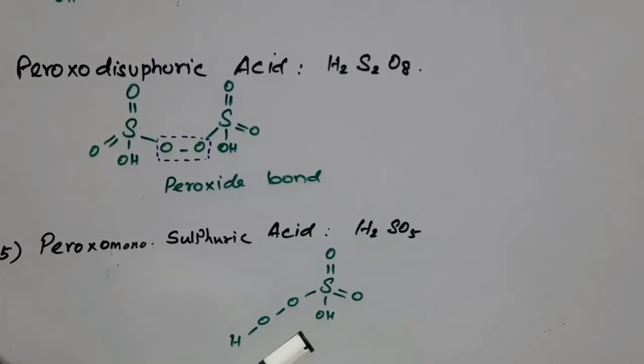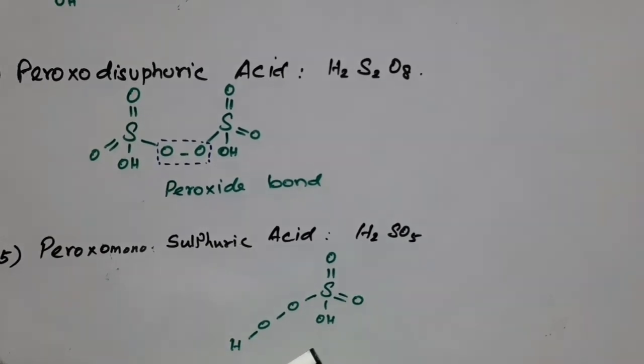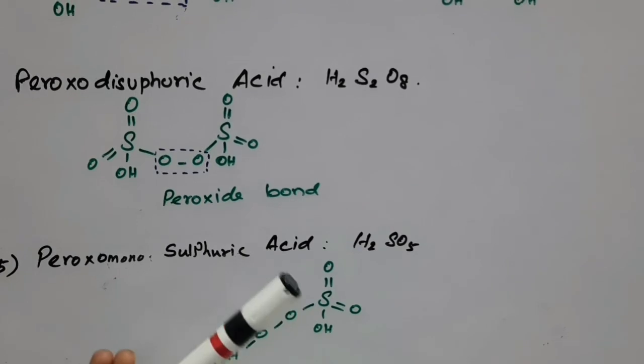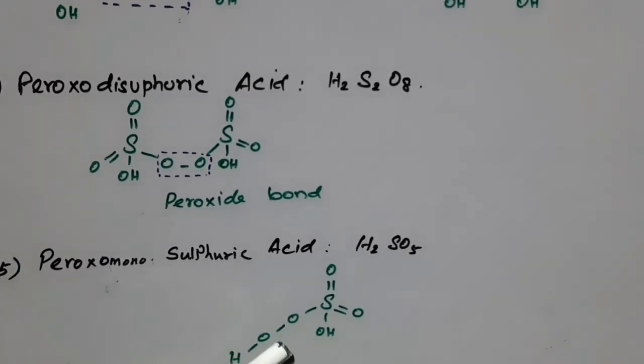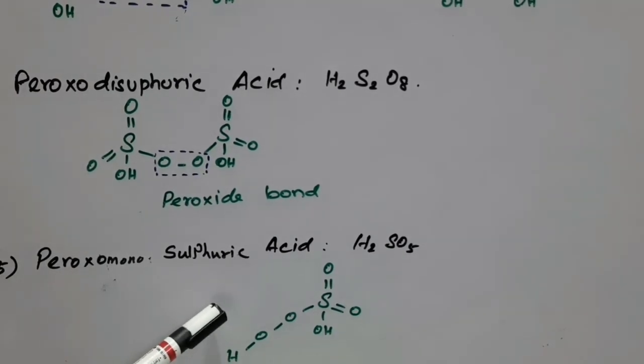For the organic part, we studied IUPAC naming and drawing the structure for a given organic compound, which is very important. That is for organic chapters; the same applies to inorganic.